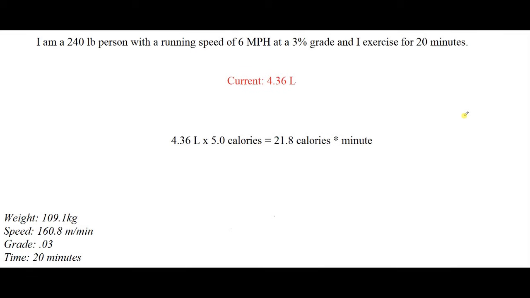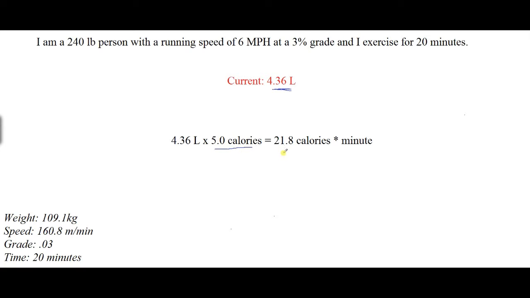Okay, the next step is, as I briefly discussed in the last section, moving from liters, which we know that 1 liter of oxygen consumed is roughly 5 calories from the respiratory exchange ratio. Since we know that, and we are in a current position where we have our liters, we've converted from milliliters to liters, a rough estimate, so 4.6 liters in this example, and then we simply just multiply that by 5.